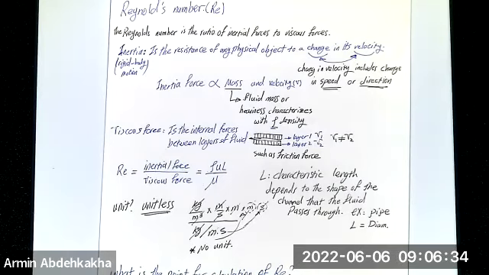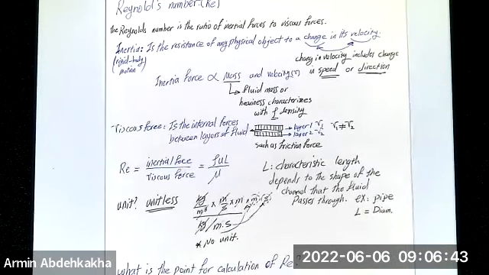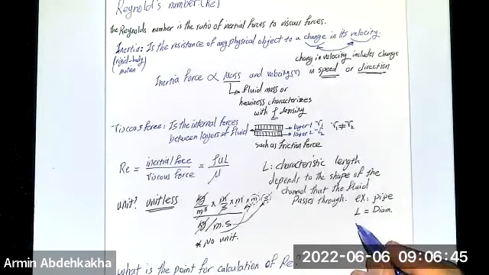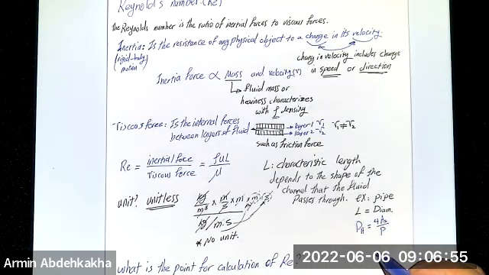It's like a shape factor for the channel the fluid passes through. For example, in a pipe, it's like the diameter of the pipe. The characteristic length or characteristic diameter can also be defined as 4A over P, where P is the perimeter of the channel.